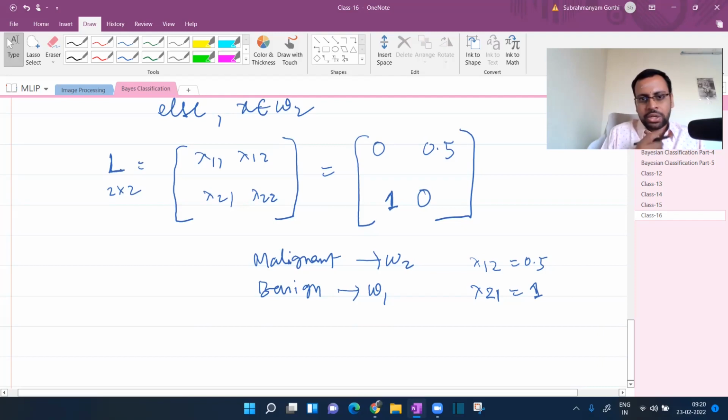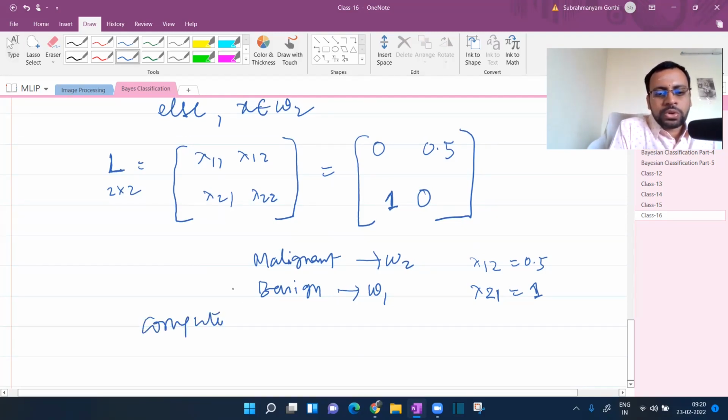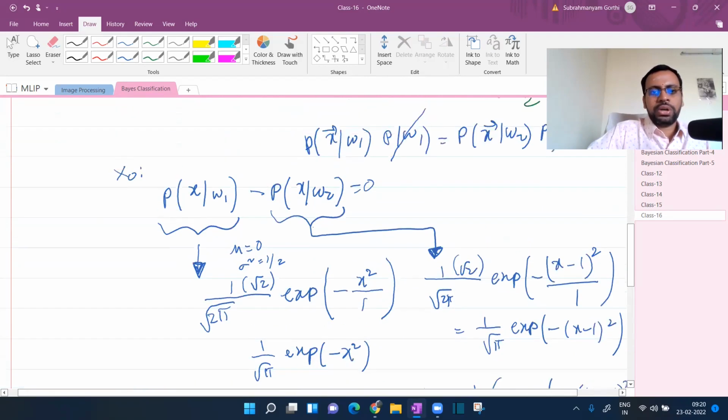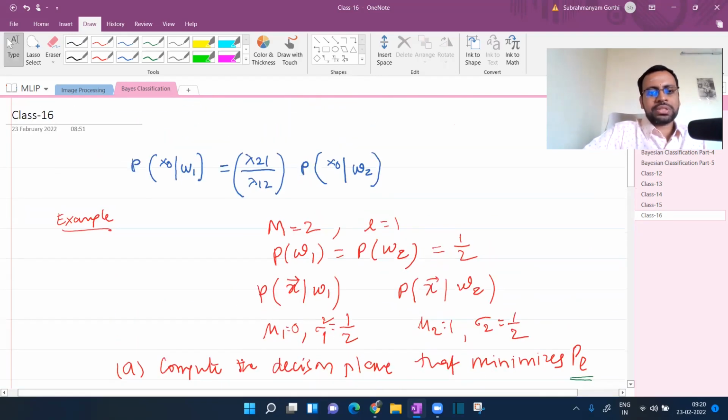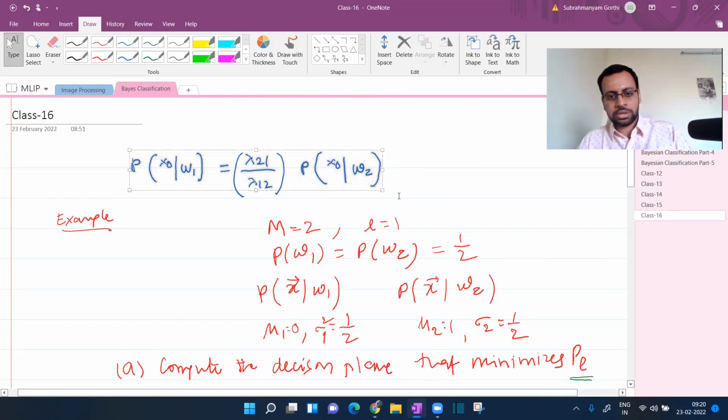Now with that, you compute x naught for this. This is clear to you now, how it is there at 0.5. And how do you compute that? You have this equation, which we worked out in the previous class.